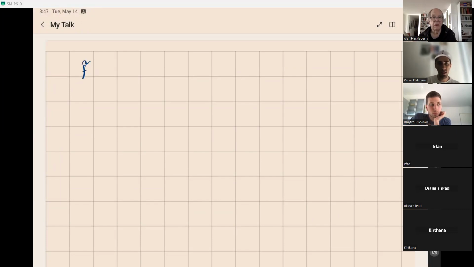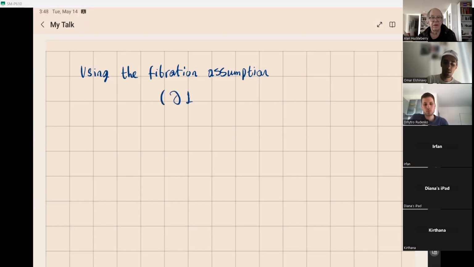We can extend it because we have the fibration assumption. And I should probably wrap this up because I'm going over time here. So we use the homotopy lifting property to extend the following pair.